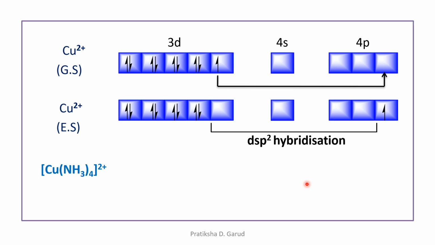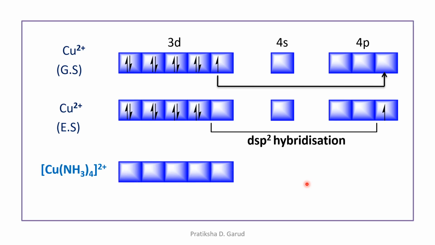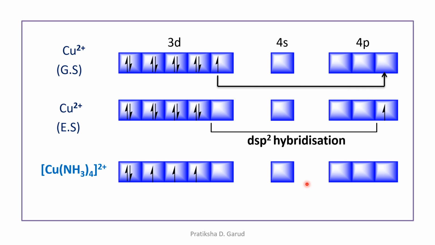Then the complex, that is the [Cu(NH3)4]2+. Again we have the 3d atomic orbital, 4s atomic orbital and the 4p atomic orbital. In the 3d we have the first electron, second electron, third electron, fourth electron. Fifth will be paired, sixth will be paired, seventh will be paired, and the eighth will be paired.